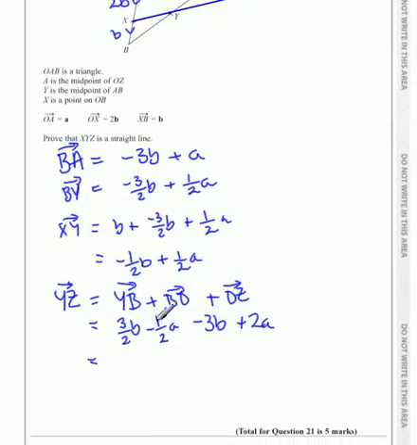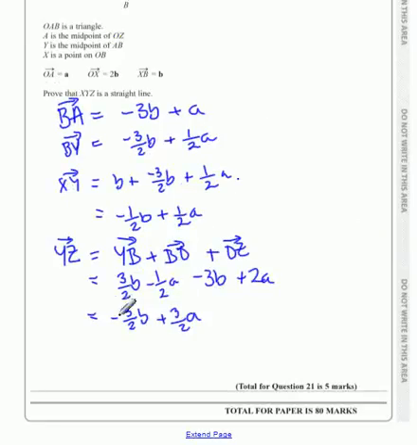Simplifying this down, so 3 over 2 b take away 3b. Think of it as 1.5 take away 3. It's going to give us minus 1.5 or minus 3 over 2 b. And then this one here, we've got 2a minus a half a is going to give us 1.5 or 3 over 2 a.